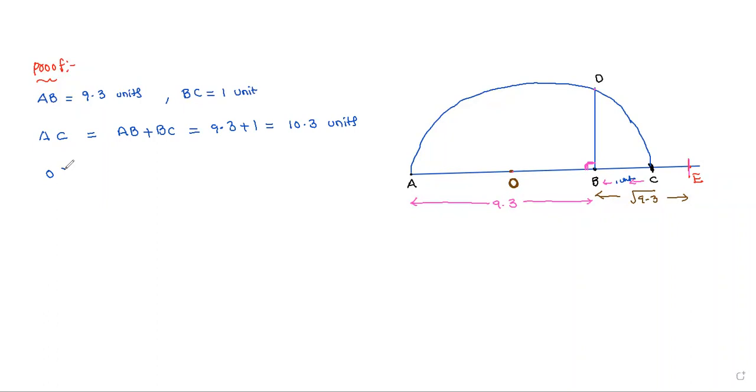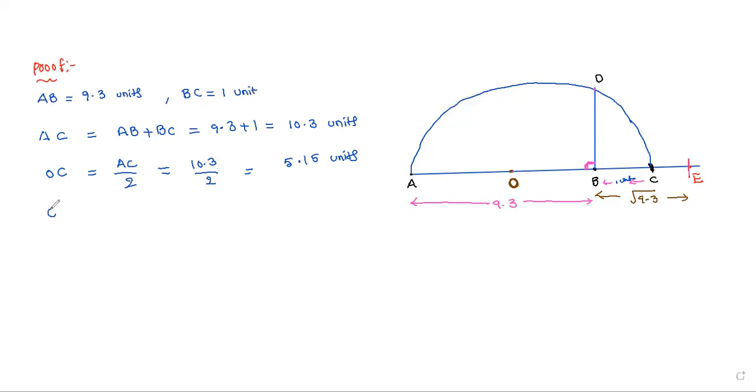OC is equal to AC by 2. O is the midpoint of AC, that means the middle point. 10.3 by 2 is 5.15 units.